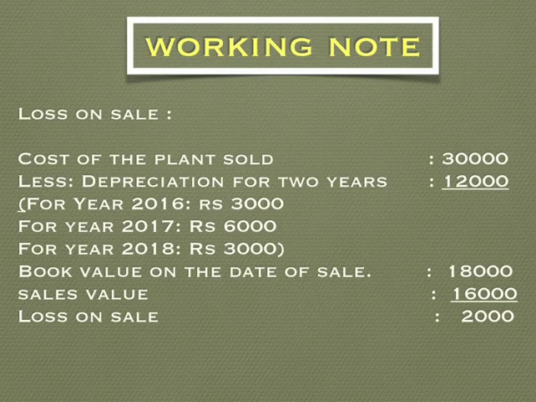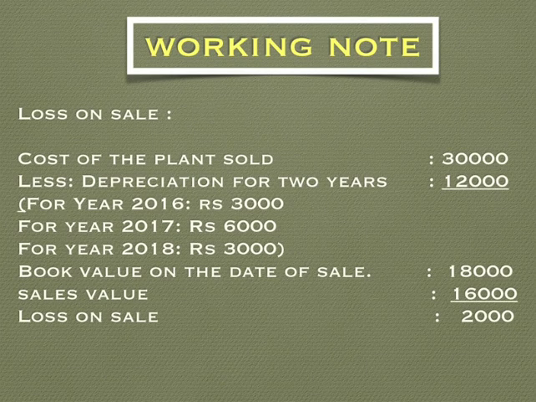So we subtract this amount from our original cost, and the book value on the date of sale becomes 18,000 rupees. Now we have sold our plant for rupees 16,000. It means that we have sold our plant at a loss of 2,000 rupees.